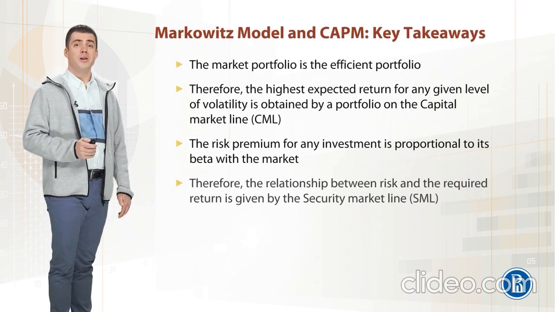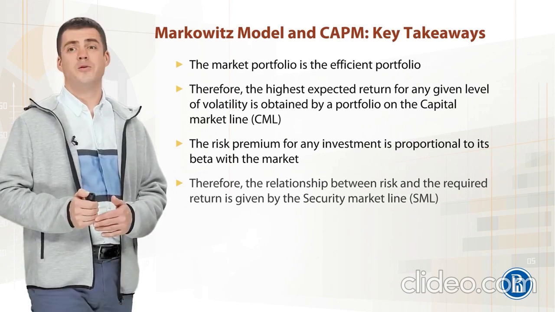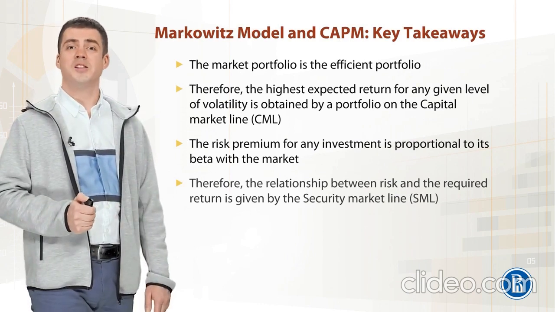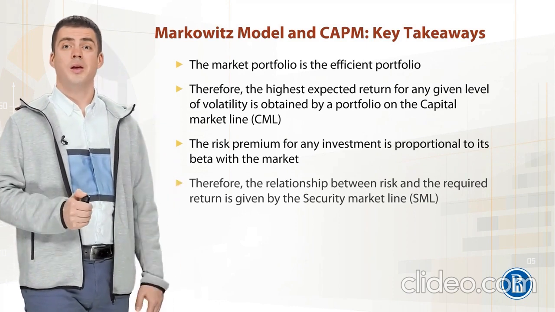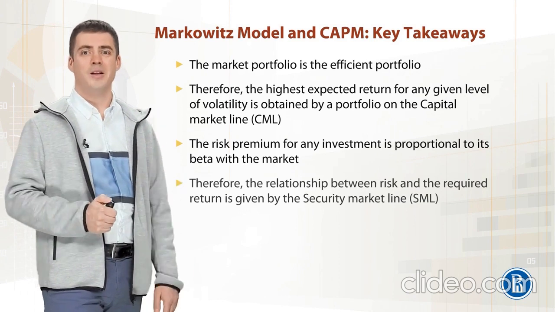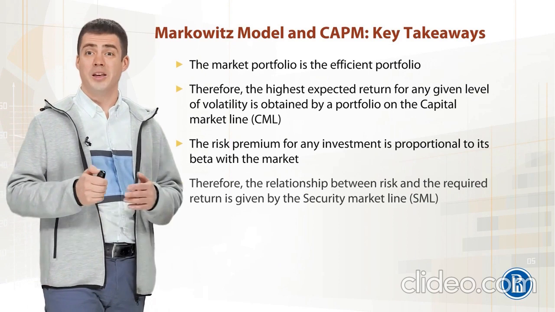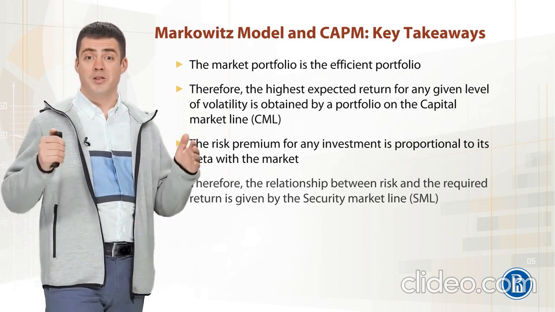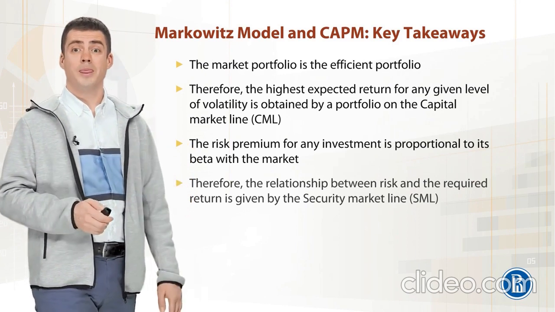So here are the key takeaways of the CAPM. The first one follows from the Markowitz model and states that the market portfolio is the efficient portfolio. Therefore, the highest expected return for any given level of volatility is obtained by a portfolio on the CML, which combines the market portfolio with the risk-free lending or borrowing.